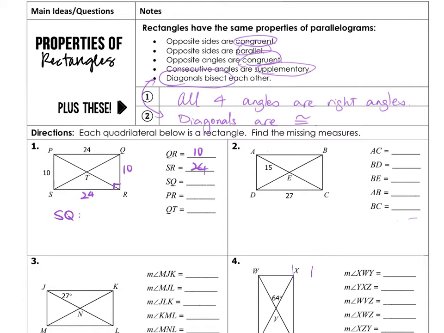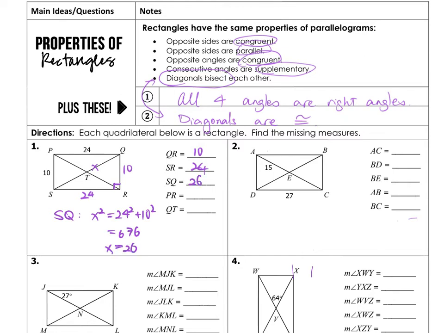So if you want to calculate SQ, you have to use Pythagorean theorem. So you can say SQ is X, therefore X is the hypotenuse. So X squared should equal 24 squared plus 10 squared. And that would give us 676. So X comes out to be 26.